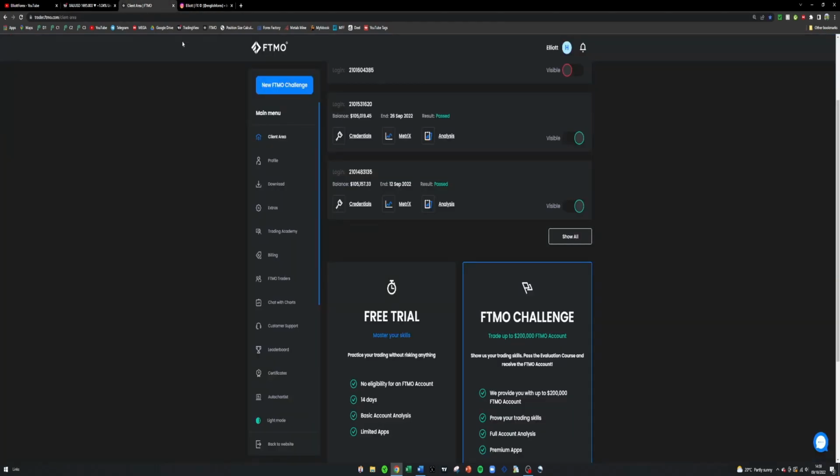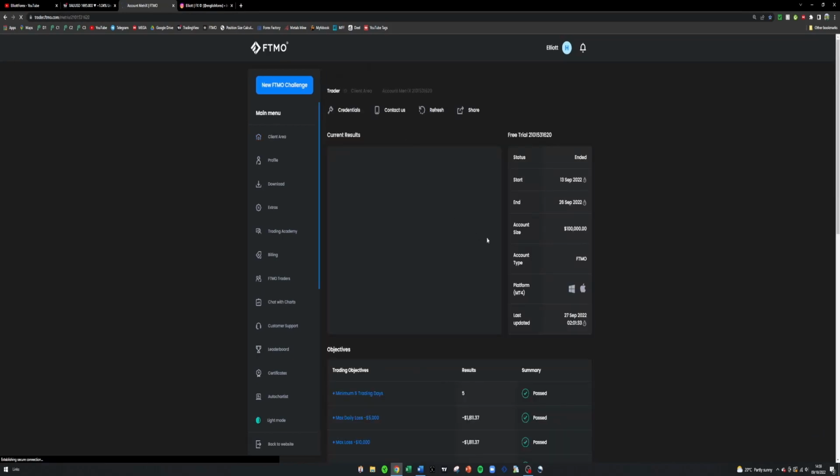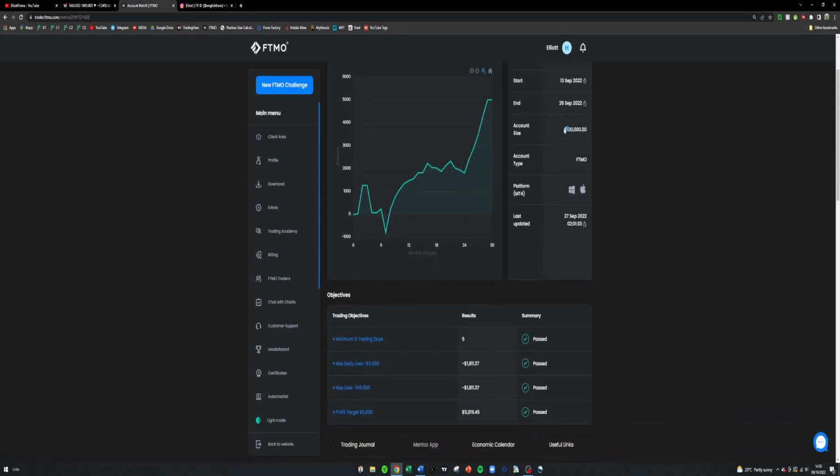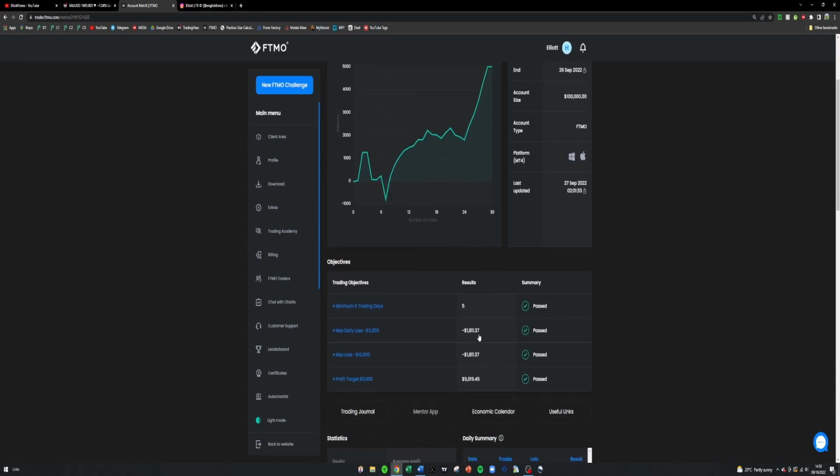I've also got these two FTMO accounts I was going to quickly go over the metrics on. This is a 100k account, only a free trial while I was doing some testing, but overall quite good results.